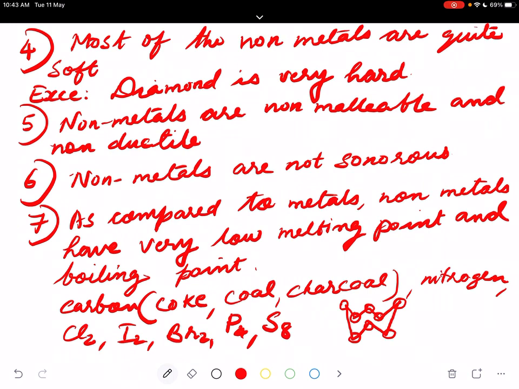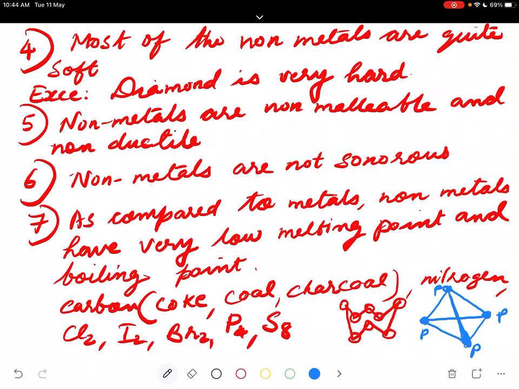Similarly, phosphorus: P, P, P, P. 4 phosphorus atoms together make one phosphorus molecule.